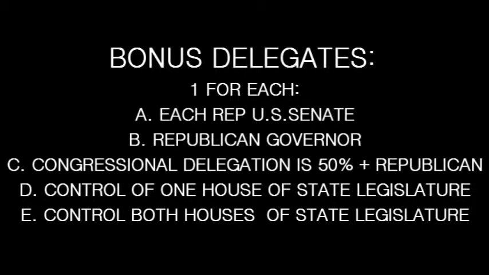You get 1 if the congressional delegation, meaning if you have, let's say, 10 seats and 6 of those members are Republicans, you get an additional one. Then, very interestingly, they go down to the state legislature. If the Republican Party controls 1 house of the state legislature, you get 1 additional delegate. If you control both houses, you get 2 additional delegates.